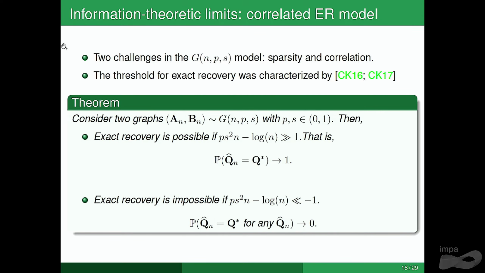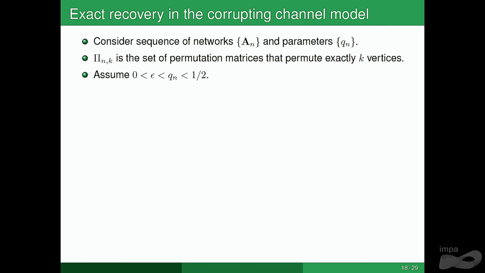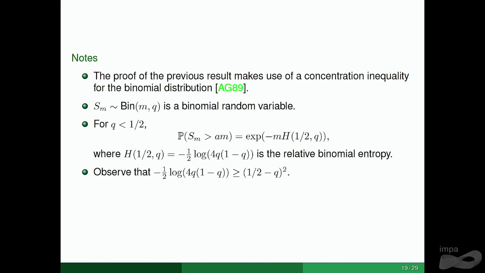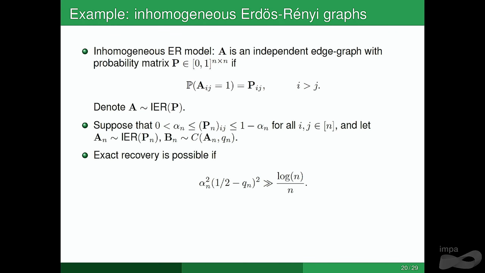Yeah, so for a fixed constant S, P was of the order log n over n. So in this case, for the Erdős Rényi model, this condition is not sharp because this applies for a general probability matrix P. When all the entries of P have exactly the same value, it's possible to get sharper results using a different concentration inequality. But here, because we're just looking at the lowest value, alpha n, we get a slightly bigger order.